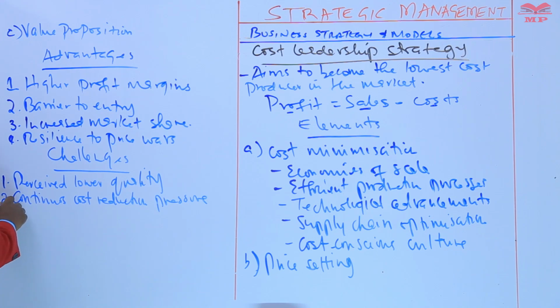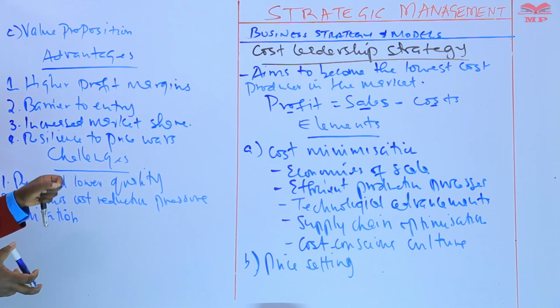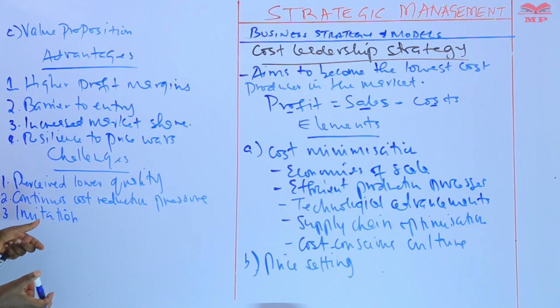Three, there is a challenge of imitation. Competitors may attempt to replicate the cost leadership strategy, eroding its competitive advantage. It is very easy to imitate a cost leadership strategy, and that is a challenge.